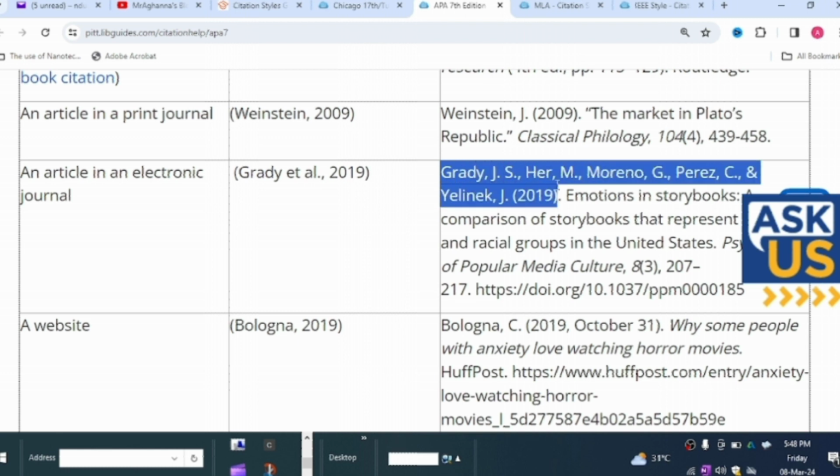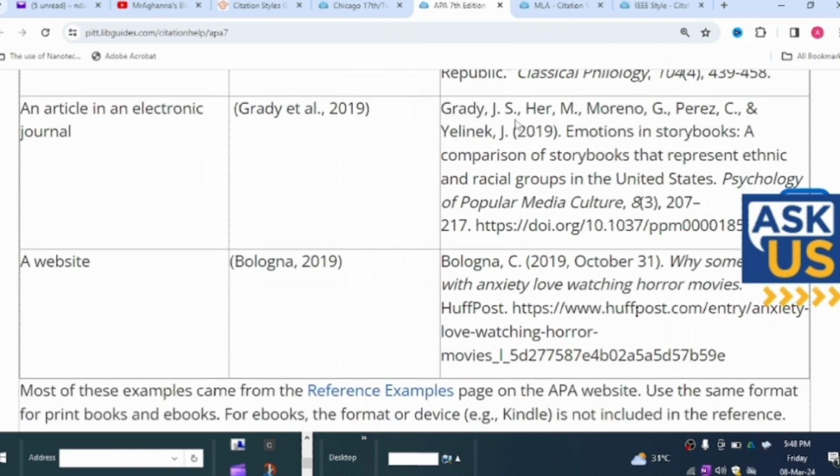You write the surname of all authors followed by initials and separated by a comma until you get to the second to the last. Then use this symbol of and before you write the last author, followed by the year of publication in parentheses.